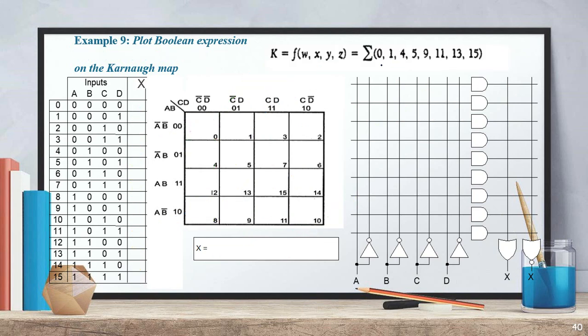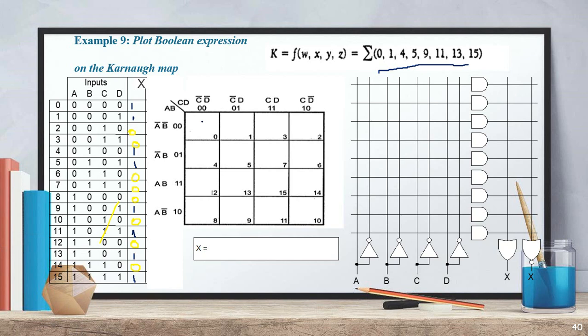In the next problem, given f of w, x, y, z is equal to summation of 0, 1, 4, 5, 9, 11, 13, 15. So wherever present, make it high: 0 high, 1 high, 4 high, 5 high, 9 high, and then 11 high, 13 high, 15 high, and fill all the other portions with zeros.